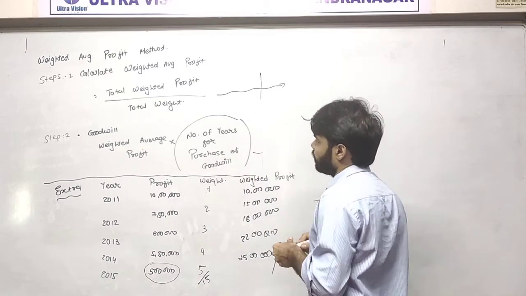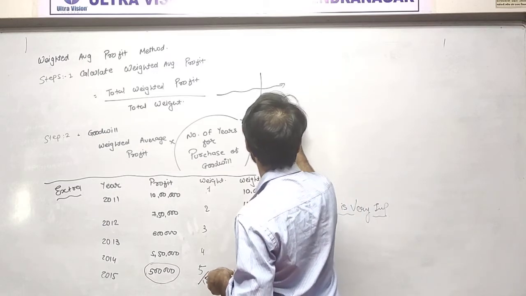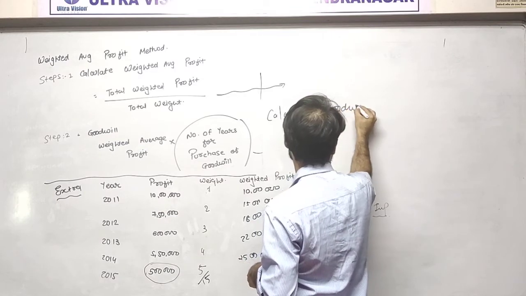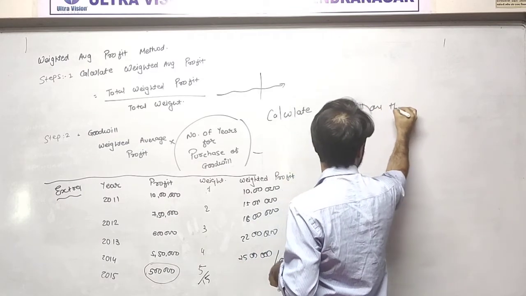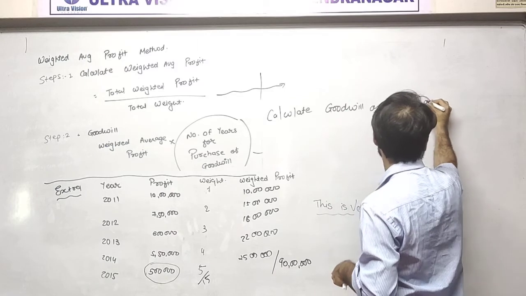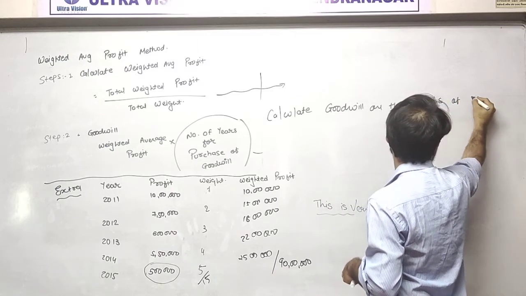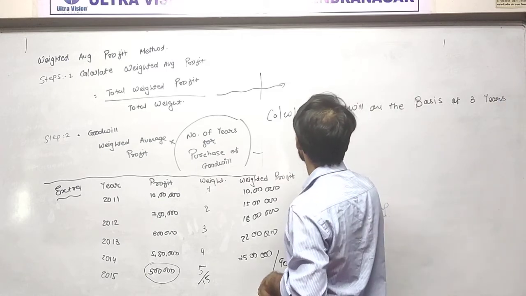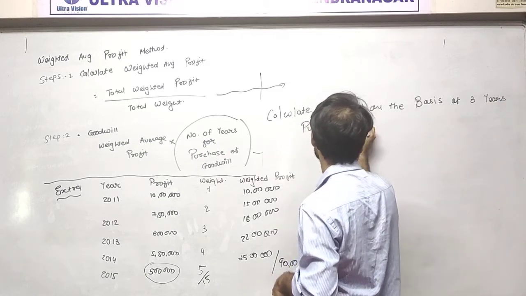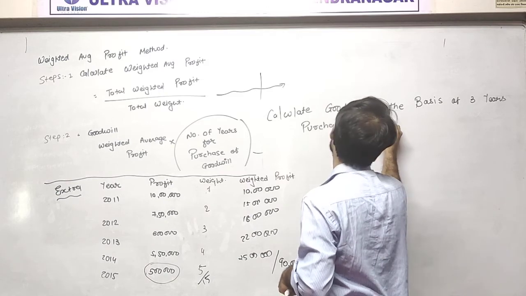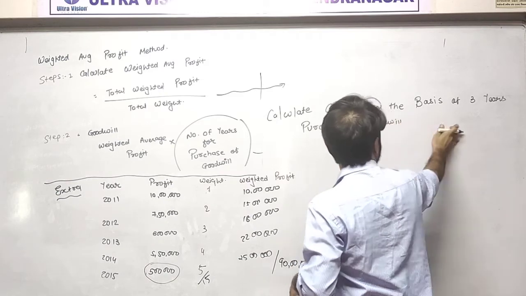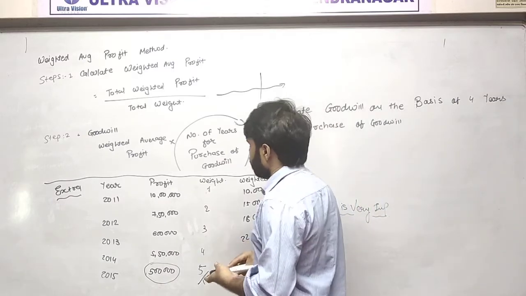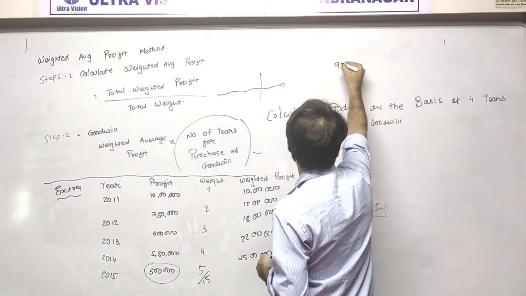What is the first step in practice? Sir, every year, 3 years? Okay, with 4 years it is more fun. What is the total weighted profit? That is 90 lakhs.